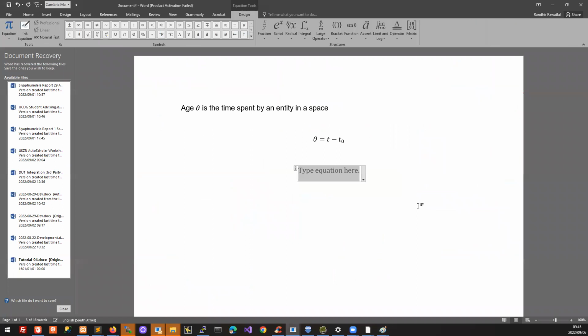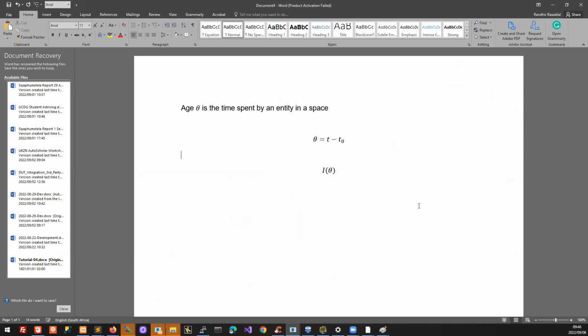And we are going to define I of theta to be the age distribution inside the reactor. And by the same token, we can define the age distribution at the exit of the reactor.